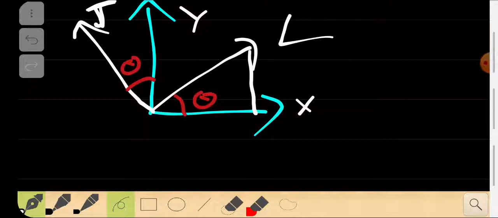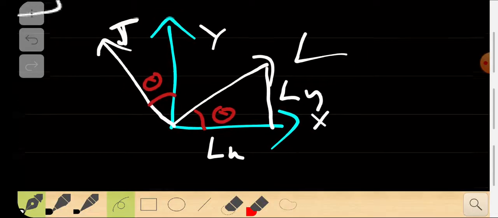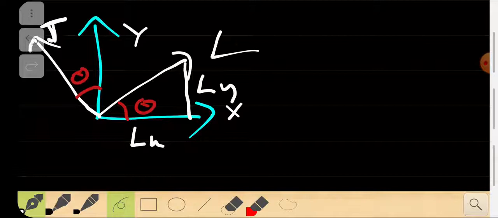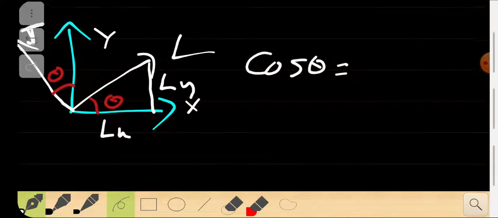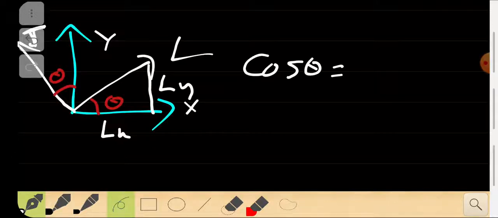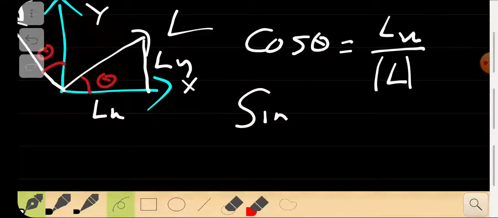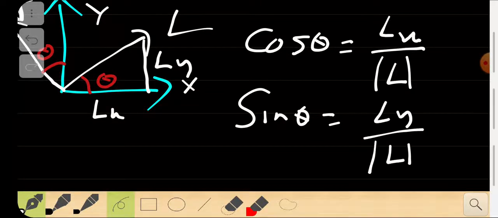So l has components lx, which is the x intercept of l, and ly, which is the y intercept. Okay, so you clearly see that if you take cos theta, cos theta will be adjacent by hypotenuse, which is lx by magnitude of l, and also sin theta will be ly by magnitude of l, basic trigonometry.